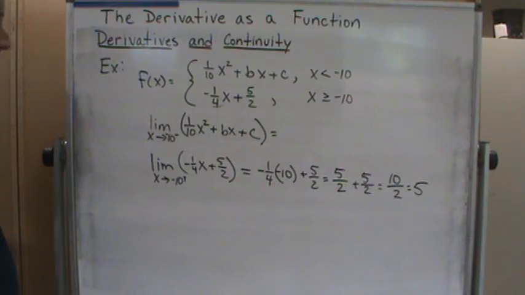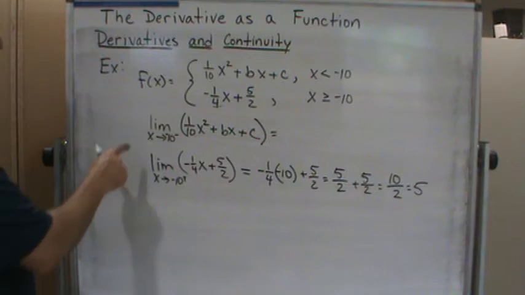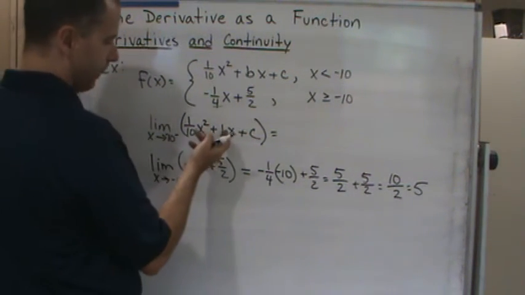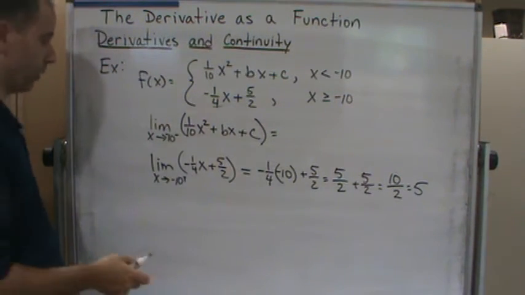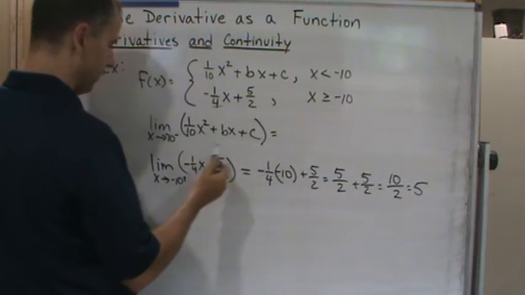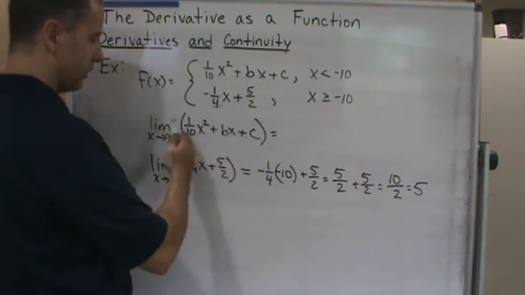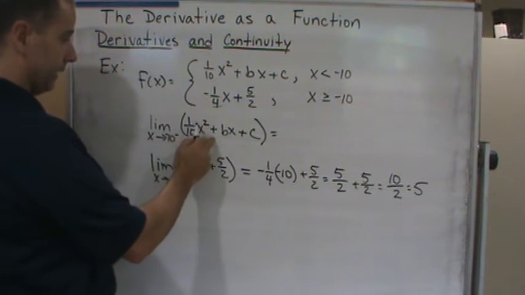So now we know what we need this limit to be. This limit has to be 5. In other words, the goal now is to find values of b and c that will make this limit equal to 5. So now we know where we're going. Let's find the limit of this thing. Again, this is a polynomial, so it's continuous everywhere. Let's just plug in 10 into the function.